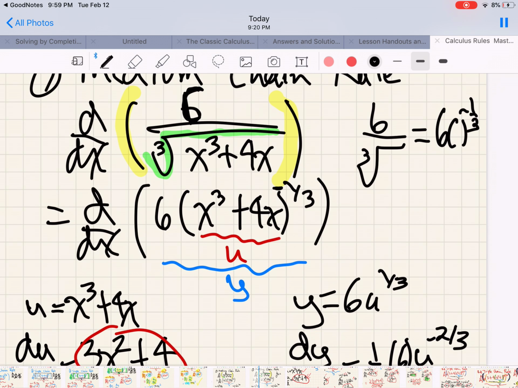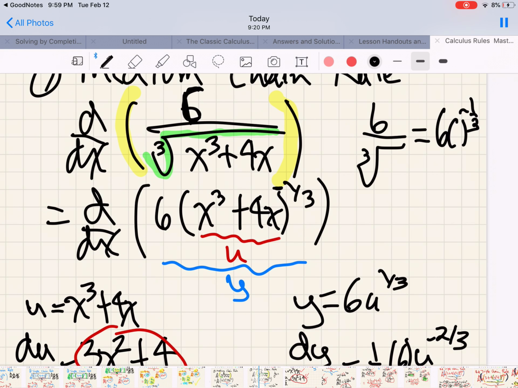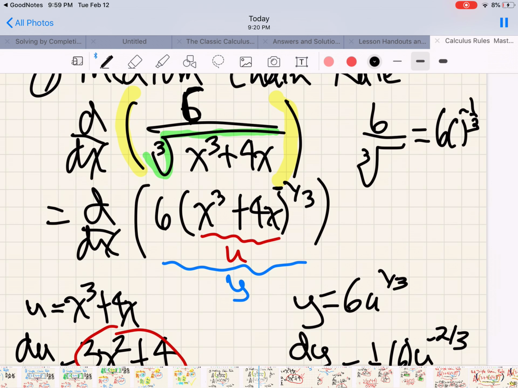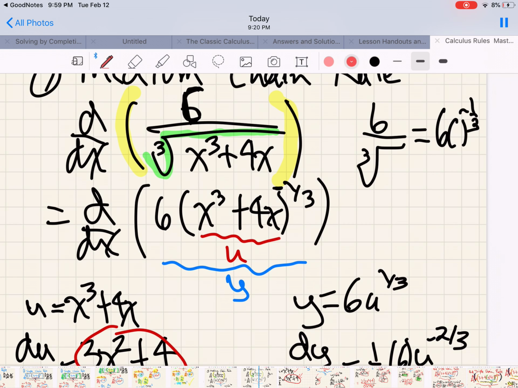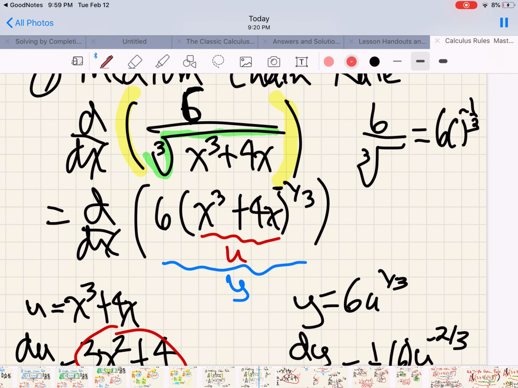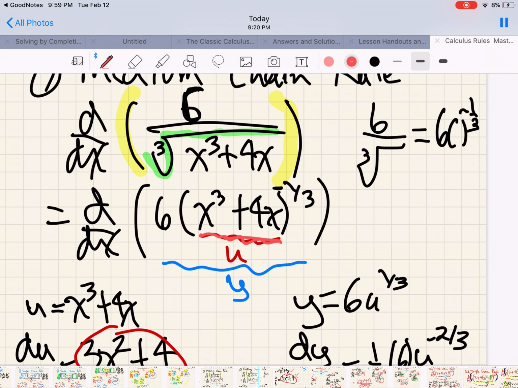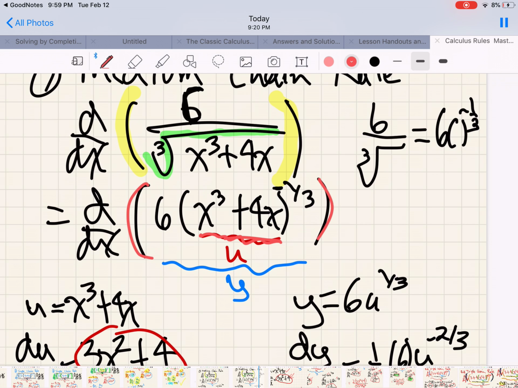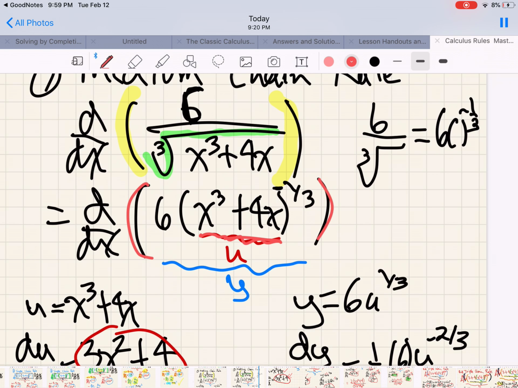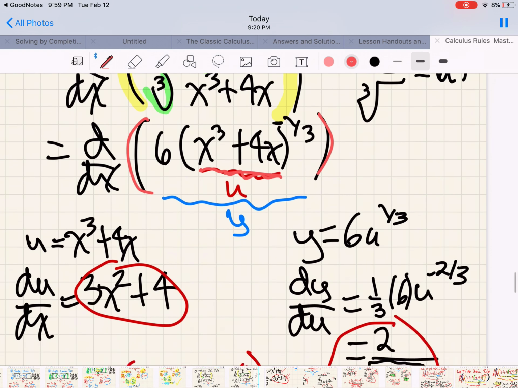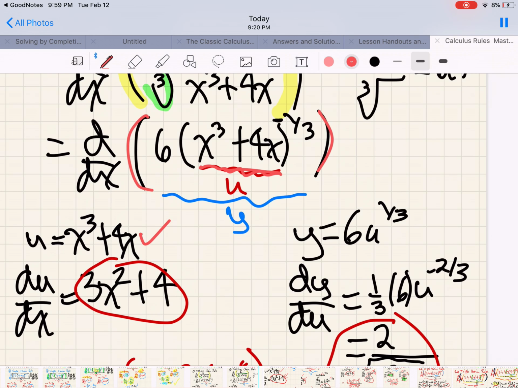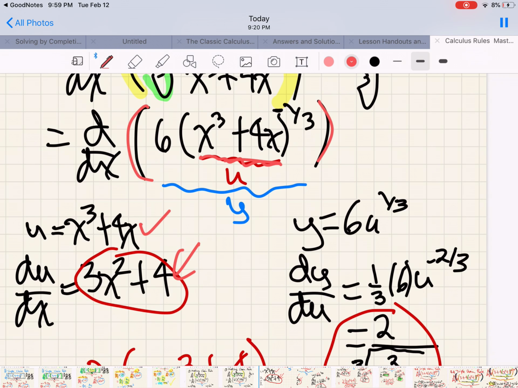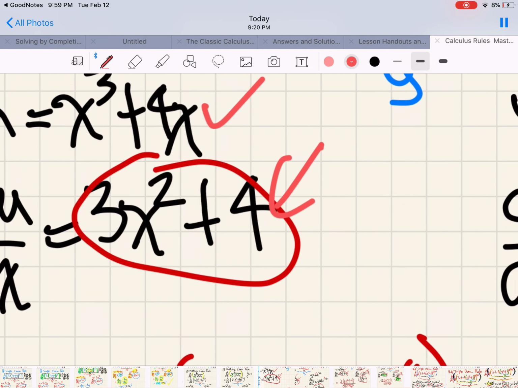And actually, that's good because I've already done these calculations, and I believe I made a mistake here. So we're going to go through this and do our corrections as we go. So u will be the thing that's inside, the innermost thing. Remember those brackets right there represent the boundaries of the derivative. So u is x cubed plus 4x. And then I do the derivative du by dx, which is going to be 3x squared plus 4.